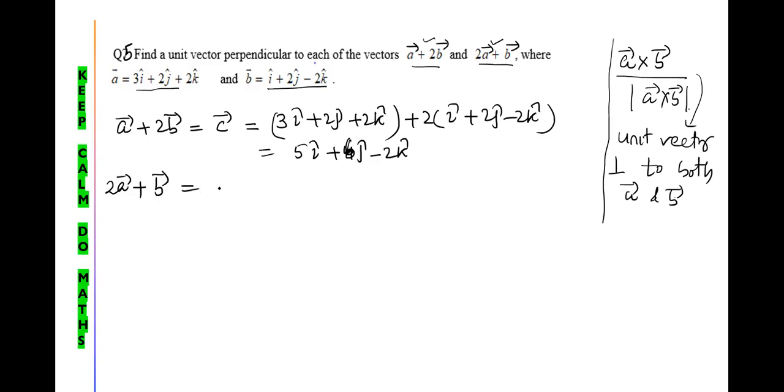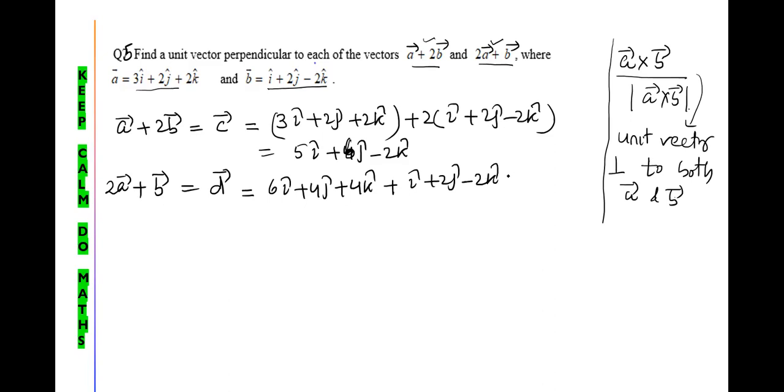Let it be d vector. So 2a means twice of this: 6i plus 4j plus 4k cap, plus b vector, which means i cap plus 2j cap minus 2k cap.